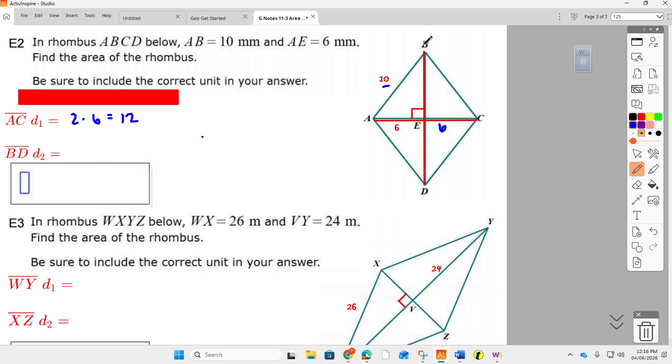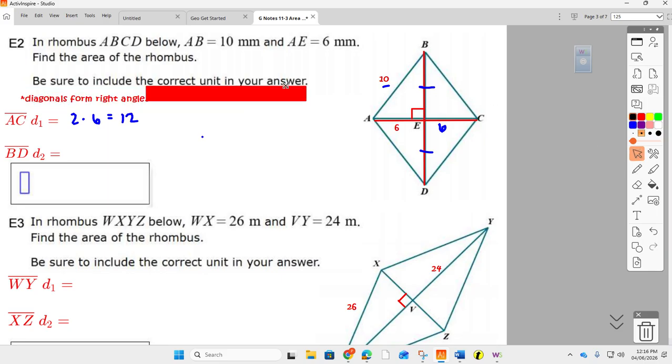And now, BD. We know this is congruent to this, but we don't know either length, right? I have a right angle here. You don't have a right angle on yours. I need to remind you that the diagonals form right angles.